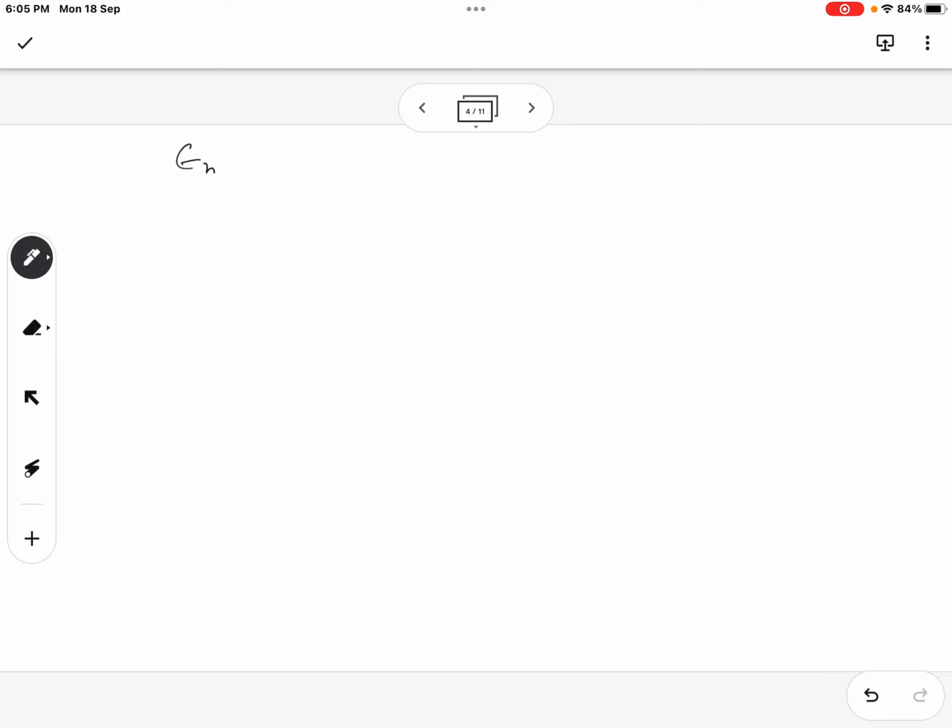Now let us write this whole thing like this, and here in this parenthesis I add and subtract alpha.